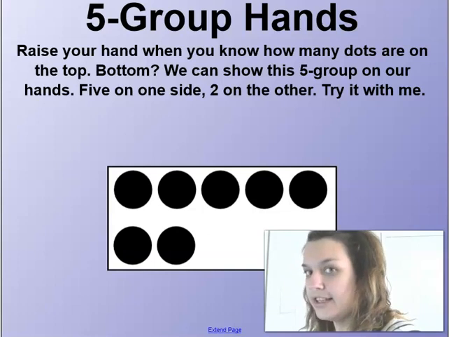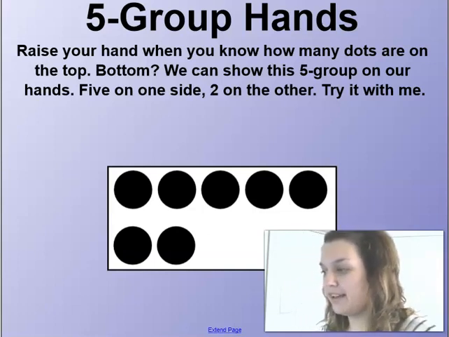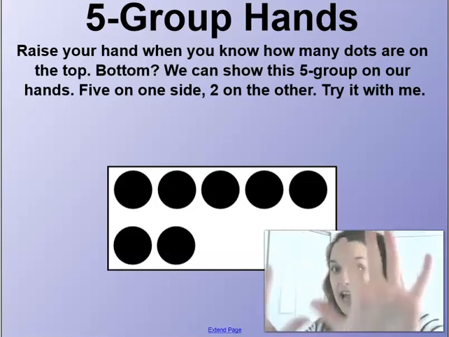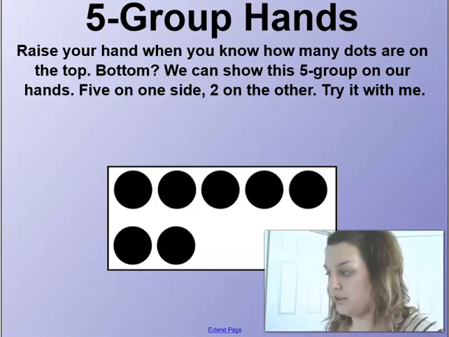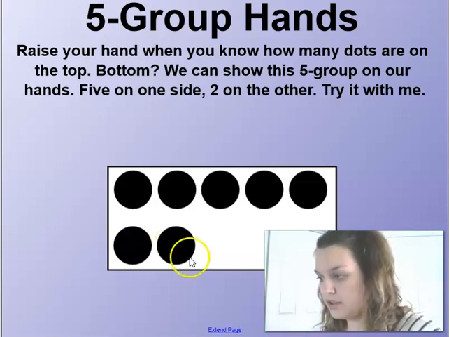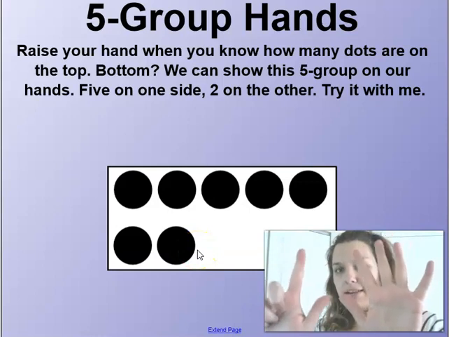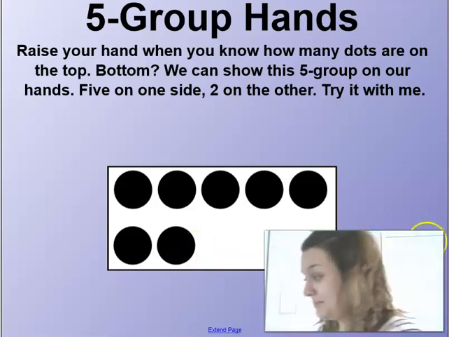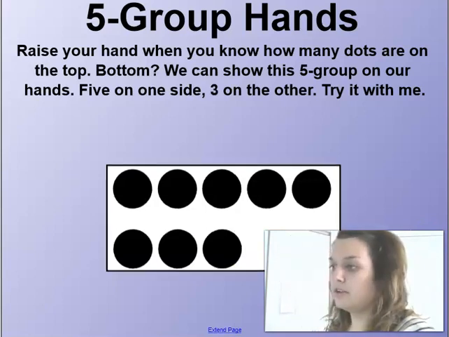Go ahead. 3, 2, 1. Show me. Very good. I have 5 on the top, and then I have, look at 1, 2 on the bottom. What is this number? 7. Great job. Next one.